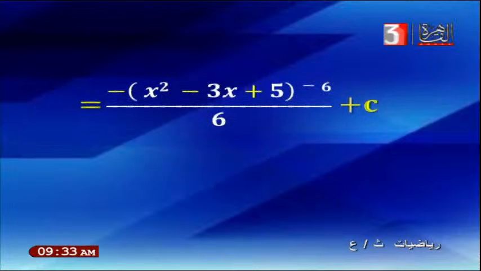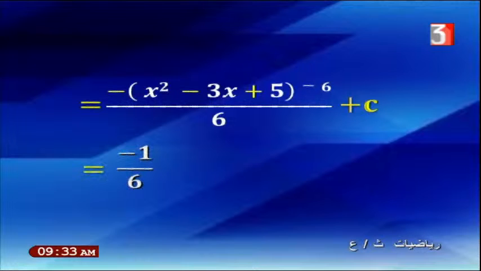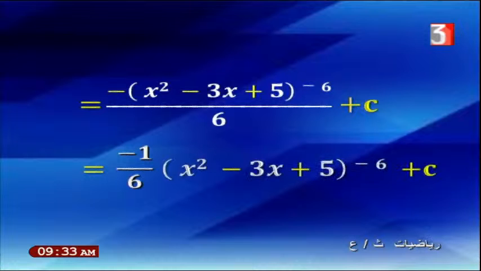We can write this result as negative (x power 2 minus 3x plus 5) between two brackets all to the power negative 6, all over 6, plus the constant c, and negative 1 over 6 multiplied by (x power 2 minus 3x plus 5) all to the power negative 6 plus c is another form of the result for the example.